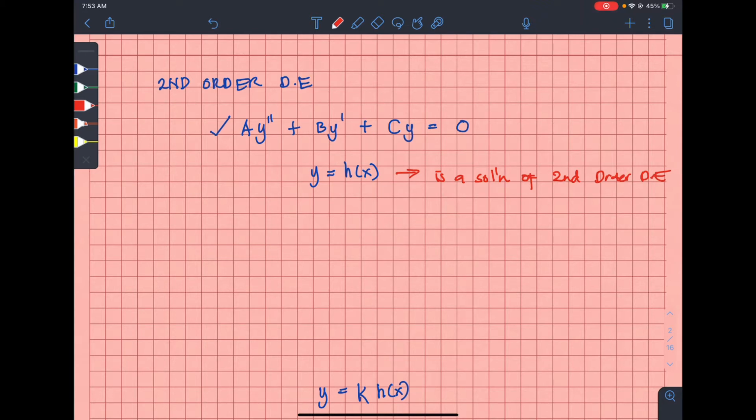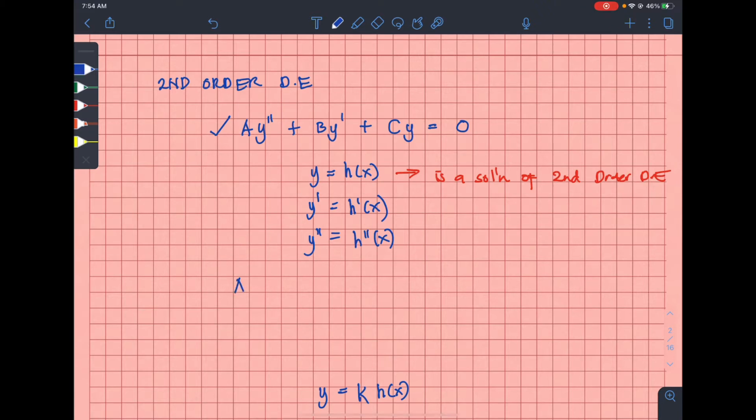To do that, just like in the verification of a solution of a differential equation, we just need to find the derivatives, and then afterwards we're just going to substitute. For example, y prime, the first derivative of y, would be equal to h prime of x. Similarly, y double prime would be equal to h double prime of x. Then we're just going to substitute.